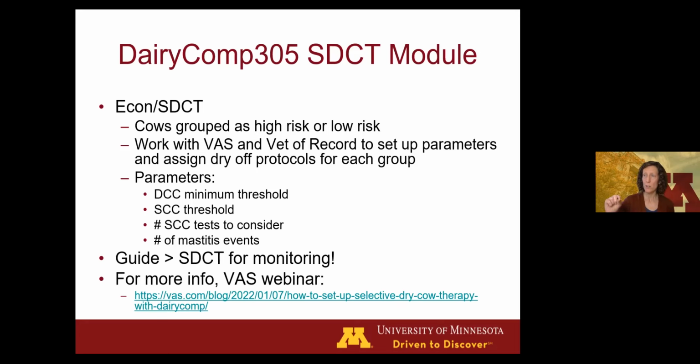You can also, using the CowCare module or protocols, have protocols set up for those decisions. So on your dry off list, it tells you which cows are eligible for what and exactly what the treatment is for those cows. In addition to this SDCT econ command, which populates your dry off list, they also have a selective dry cow therapy monitoring tab under Guide, which again goes back to all those things that we want to monitor.